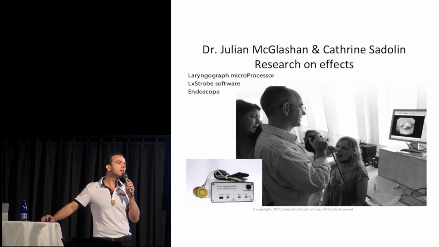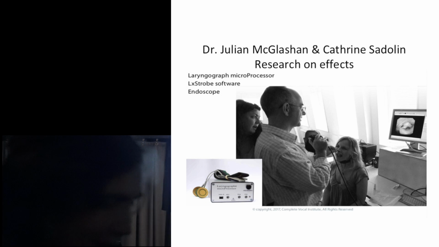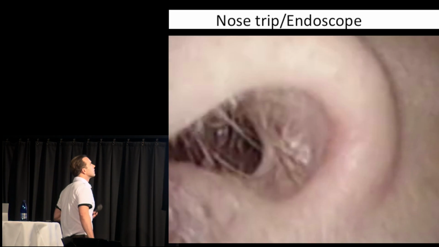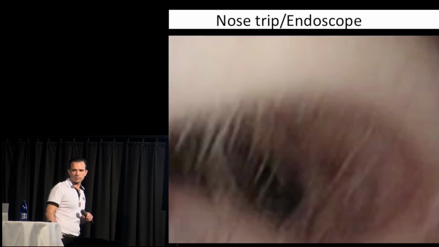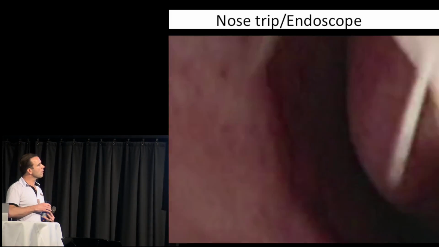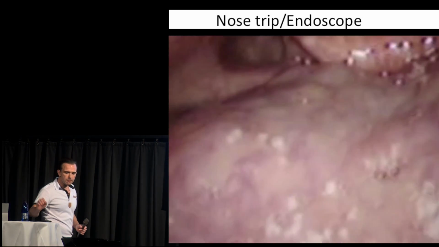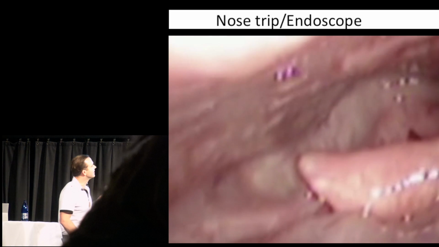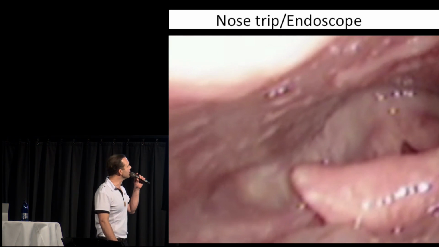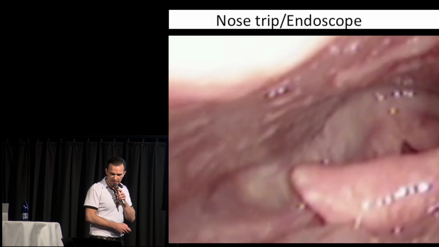If you're not familiar with an endoscope, you can here witness the insertion of it through the nose. Finally, we arrived through the jungle, and now we get a clear view of the larynx here.